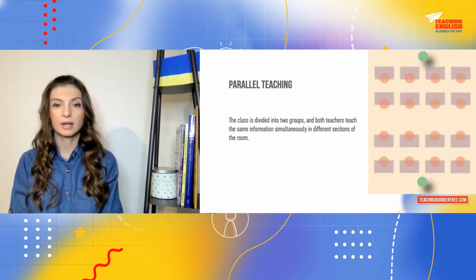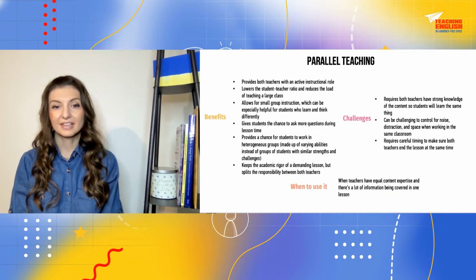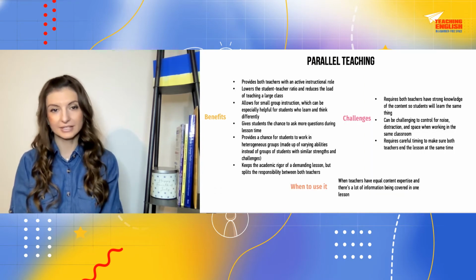Parallel teaching can be a comfortable way to start co-teaching. You and your co-teacher plan together to make sure you're covering the same material. And since you're teaching your half of the class, you are less likely to feel closely observed by your colleague. Here is a closer look at parallel teaching. Please look at the slide.